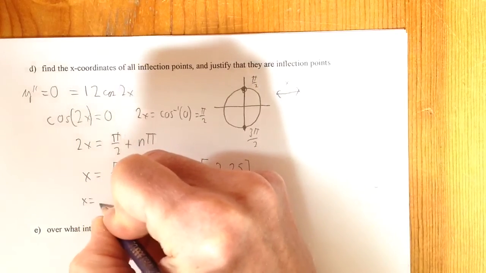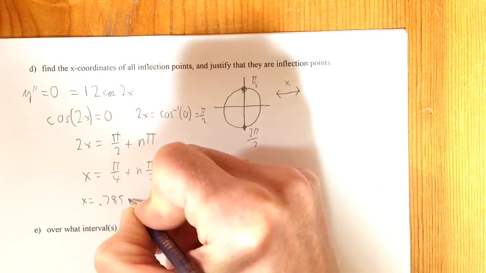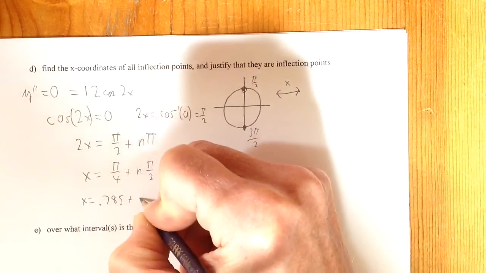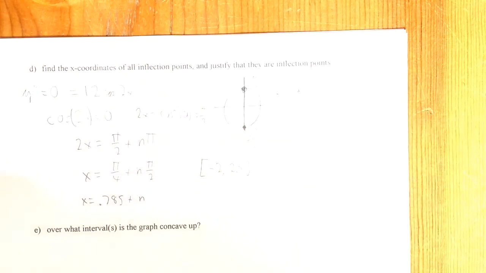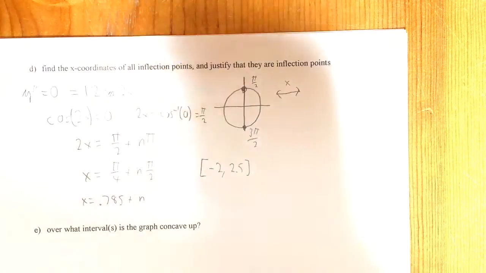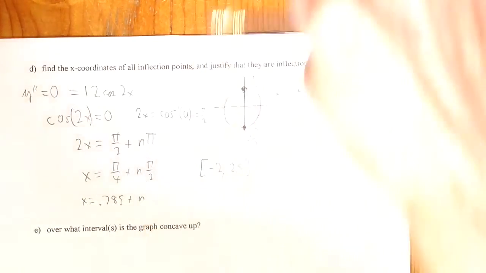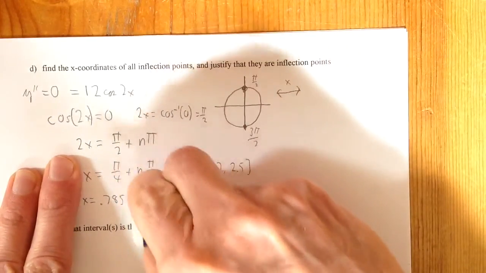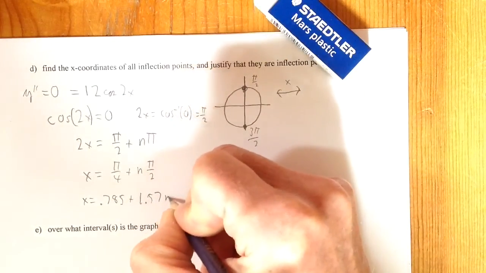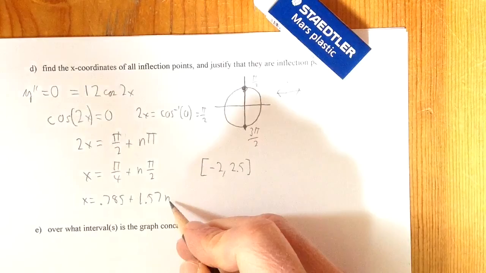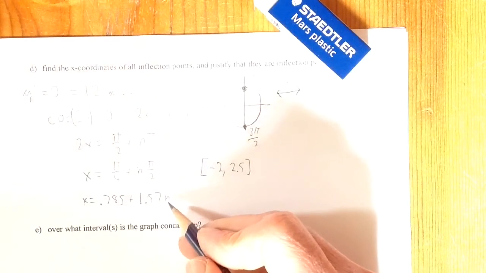So x is 0.785 plus n times pi over 2. Pi divided by 2 is 1.57, so 0.785 plus 1.57 n. Remember, n can be 0, it can be negative, like -1, -2.